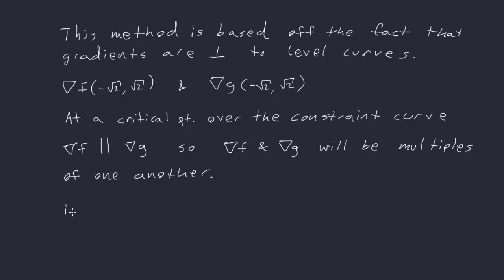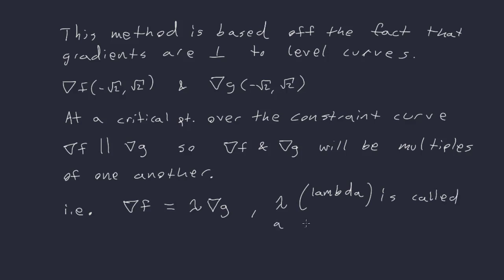In other words, the gradient of f will equal some constant that we'll call lambda times the gradient of g. This is the Lagrange multiplier. Lambda, that's the Greek letter lambda, is called a Lagrange multiplier.